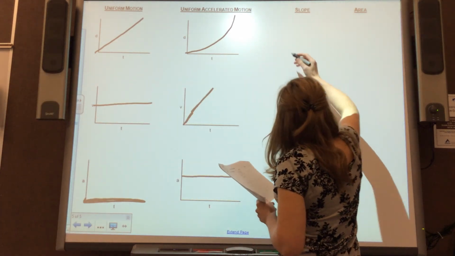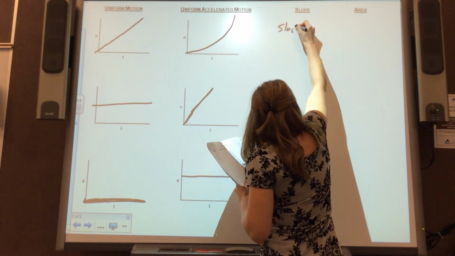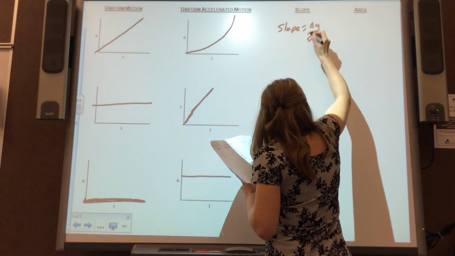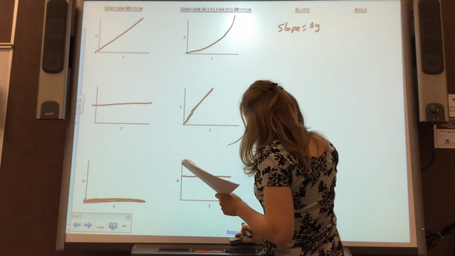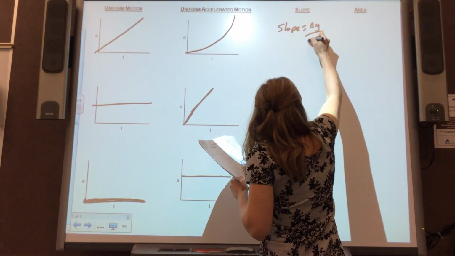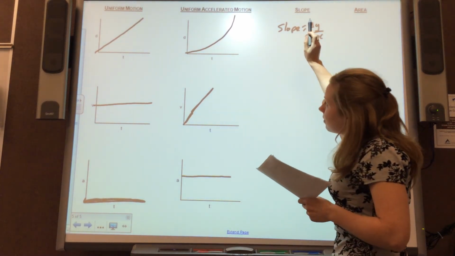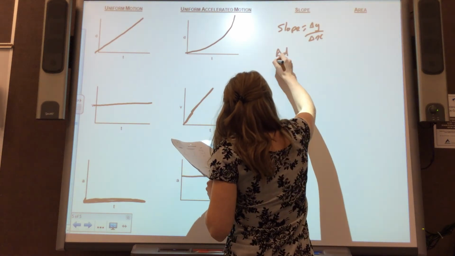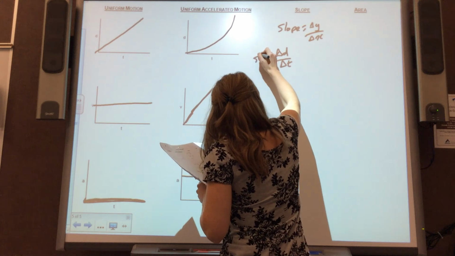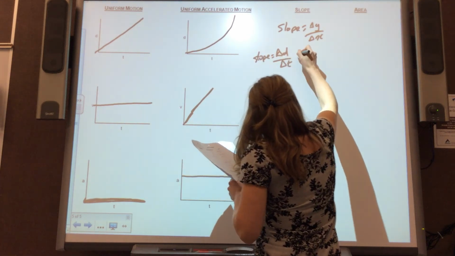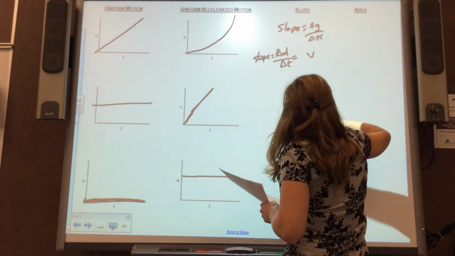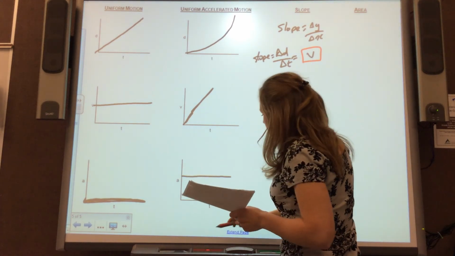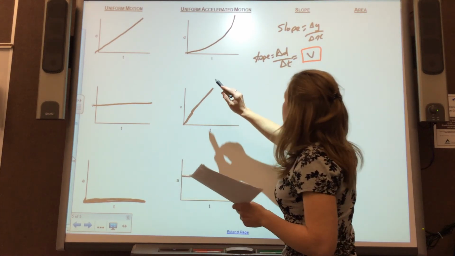So now let's remind ourselves slope is equal to delta y over delta x. If I was to find the slope of a DT graph, that would be delta D over delta T. That would equal V. So my slope is V for my DT graph.